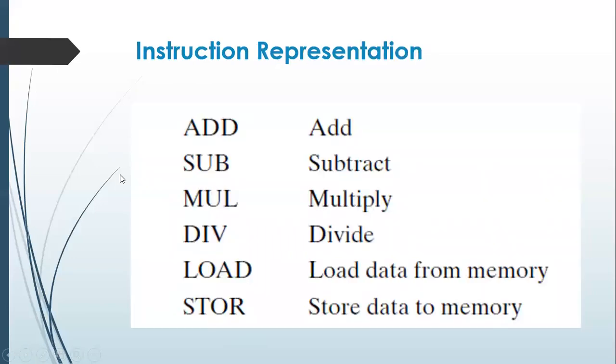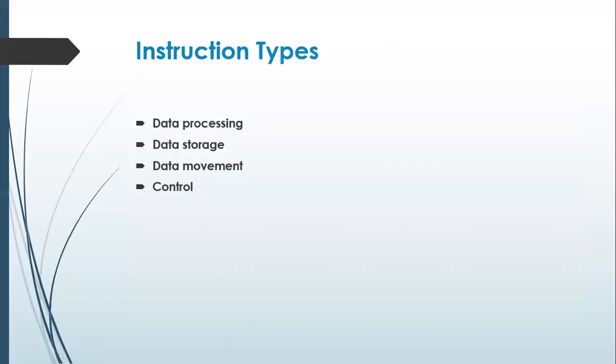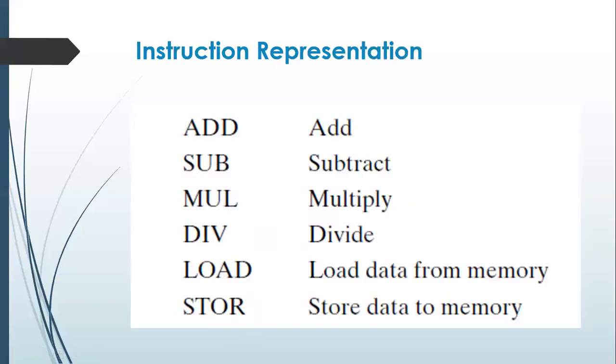Now, after talking about this, let's talk about what the types of instructions are. I think we have already discussed this, but let's repeat one more time. First type is data processing instructions. Data processing instructions will be something like add, subtract, multiply, divide.